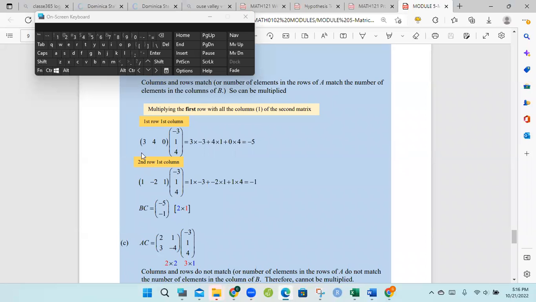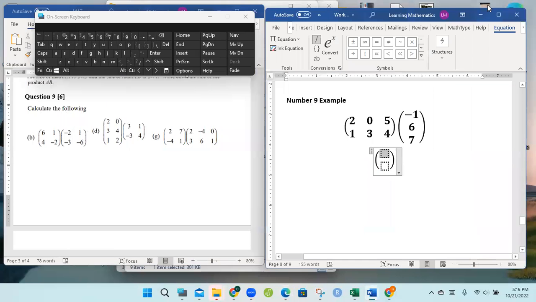Because we have 1 column, we do it once. Since we have only 1 column, that's why you only do it twice, because it's only 1 column. It's a 2 by 1, like 2 ones are 2.